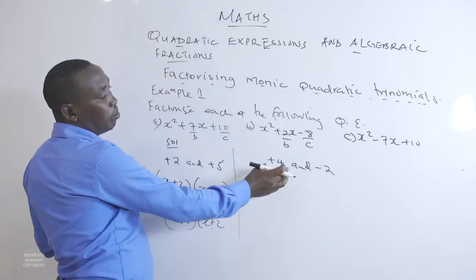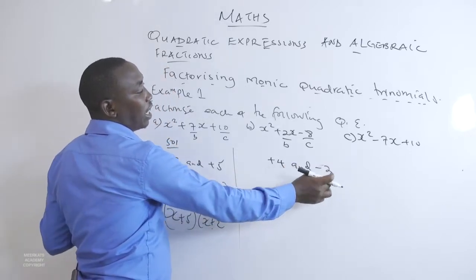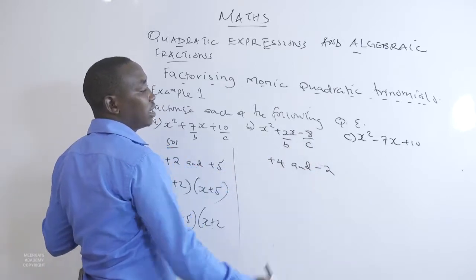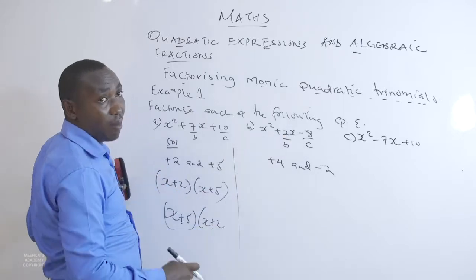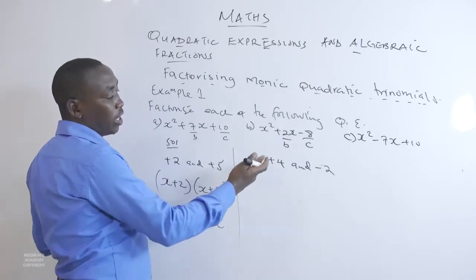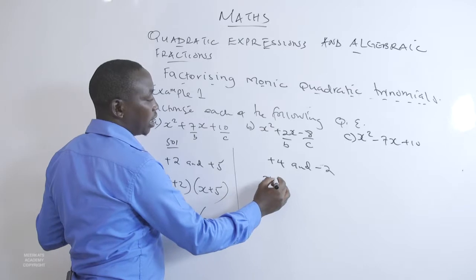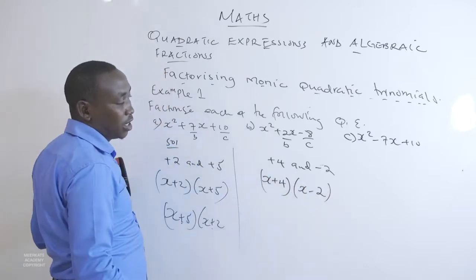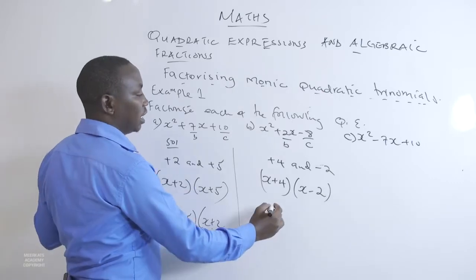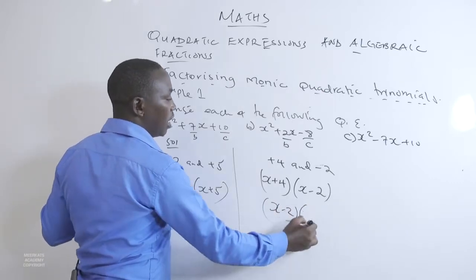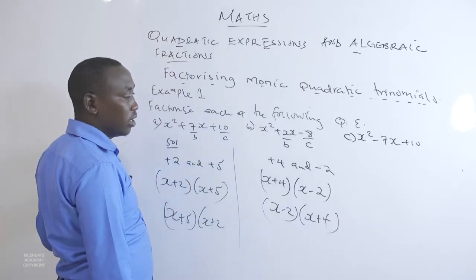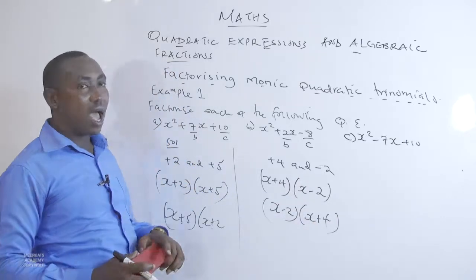Positive 4 multiplied by negative 2 gives negative 8, and when you add positive 4 plus negative 2, the result is b, which is 2. So we now write those into brackets. This will be x plus 4 into x subtract 2. You can also interchange so that we have x subtract 2 into x plus 4. So these two are the same.